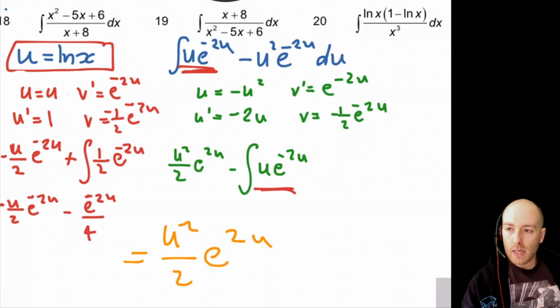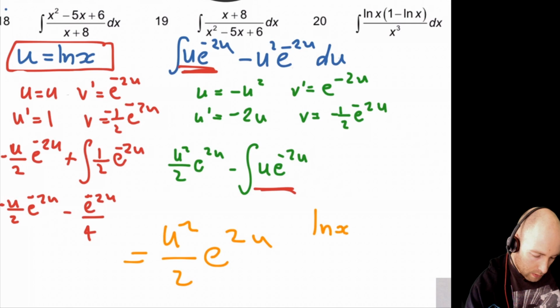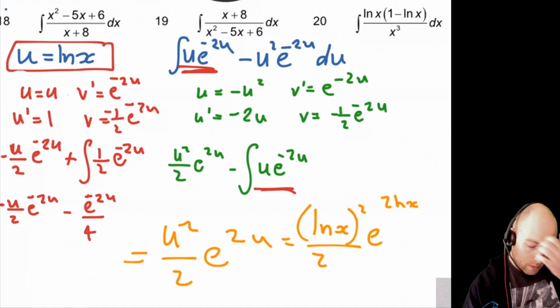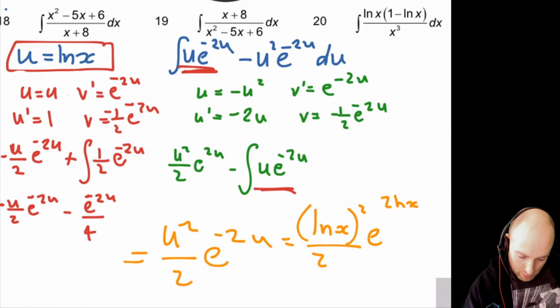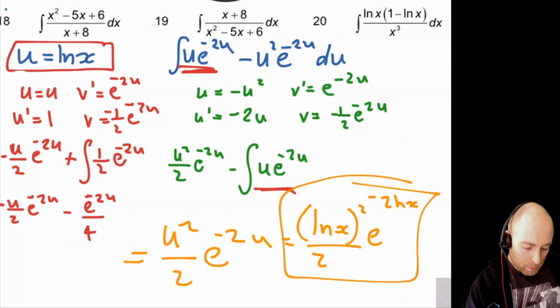Now, u is ln x, so we're going to get ln squared x over 2 e to the 2 ln x. Should be a minus there though. Yeah, because I'm forgetting minuses everywhere today. Minus in there. So we need to sort out this bit with log rules basically.